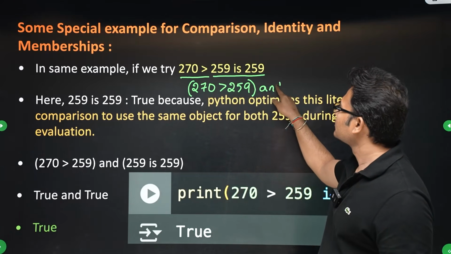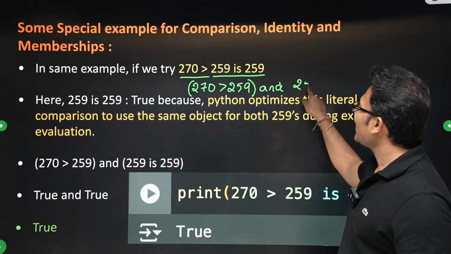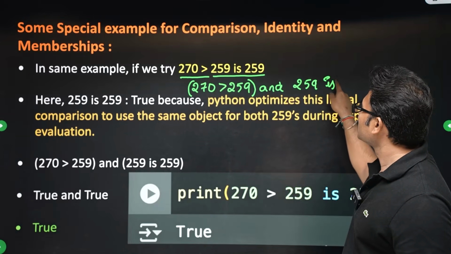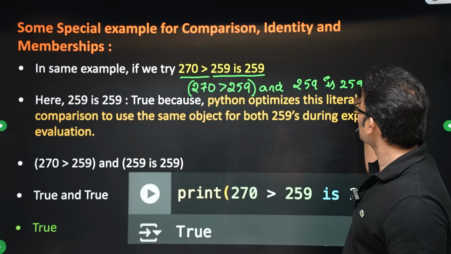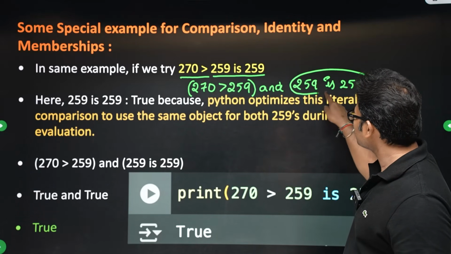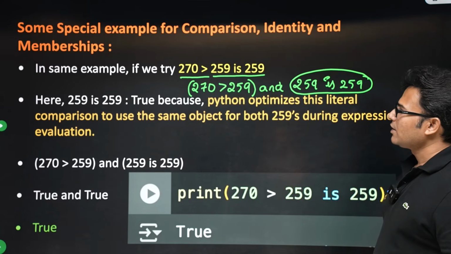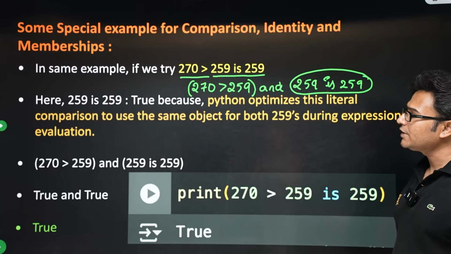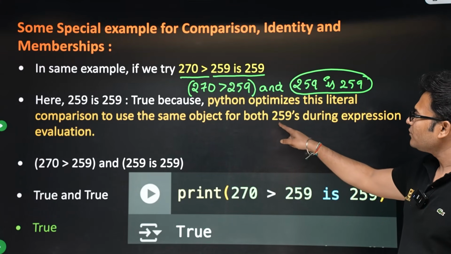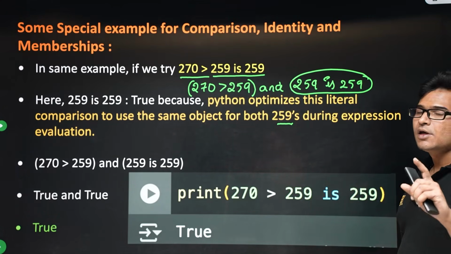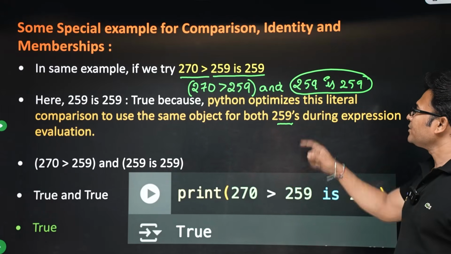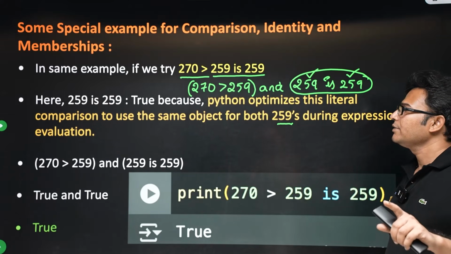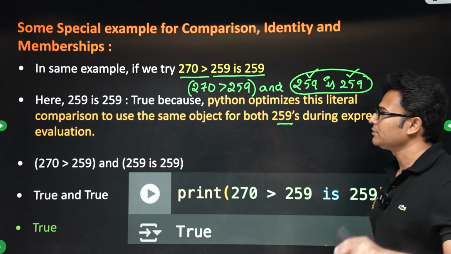And 259 is 259. So actually what happens is, when it comes to literals, when it is not variables, interning will happen. So for 259 only one object will be created and interning will happen.